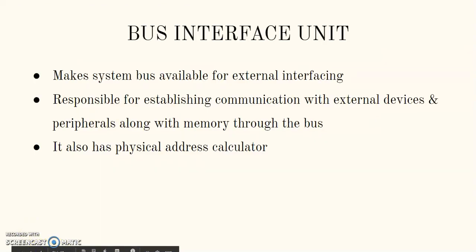Now the bus interface unit makes the system bus available for external interfacing, and all the communication of 8086 with the external peripherals is allowed through the bus interface unit. The important part present in it is the physical address calculator. We will see it in detail. So let us see the parts of the bus interface unit.